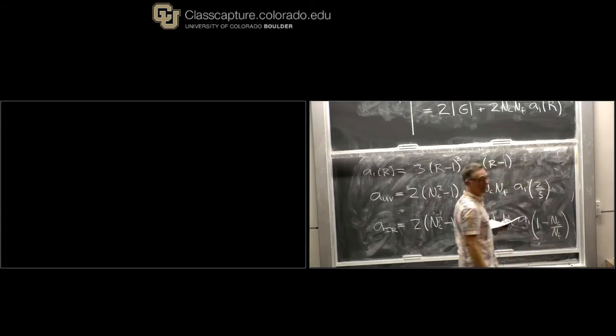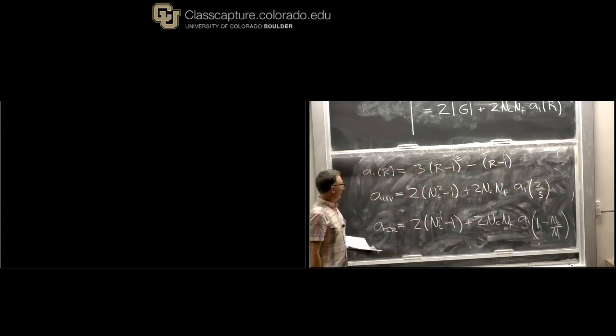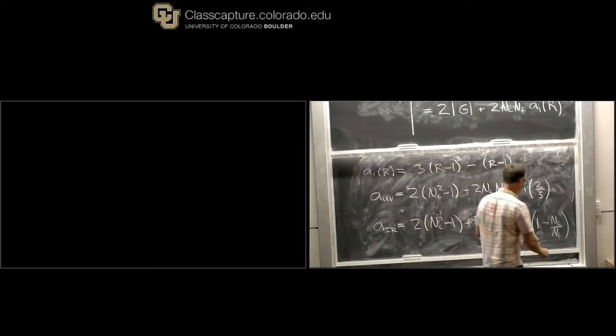That was the anomaly-free R symmetry. And now we can check that this A in the infrared is less than A in the ultraviolet.